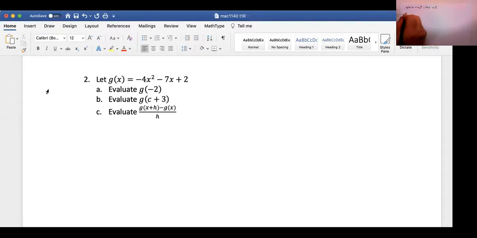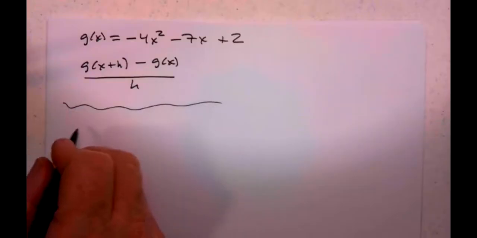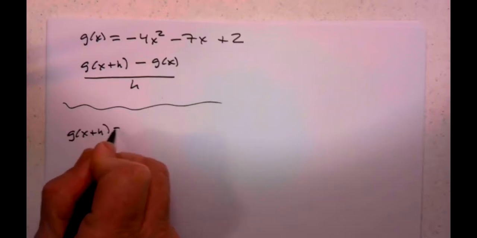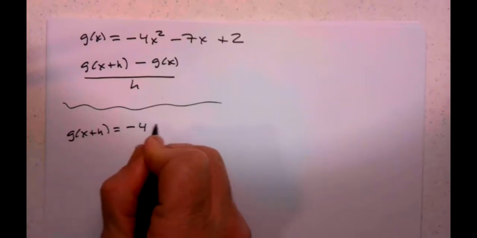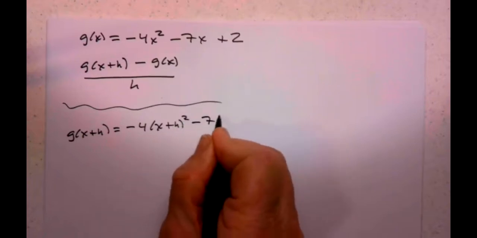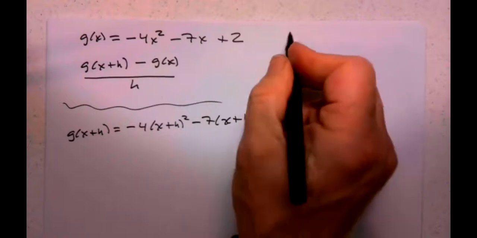We're going to do a difference quotient. g of x plus h minus g of x over h. So let me show you how I'm going to do this. I'm going to start with g of x plus h. So wherever I see an x, replace it with x plus h. So that's negative 4 times x plus h squared, minus 7 times x plus h, plus 2.